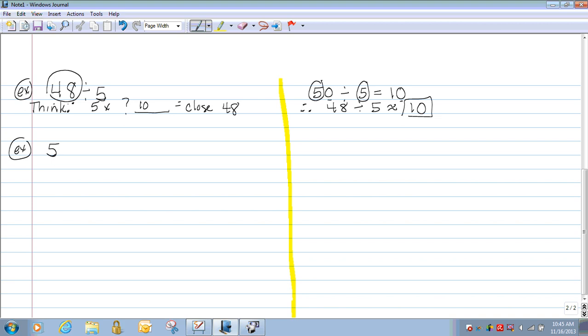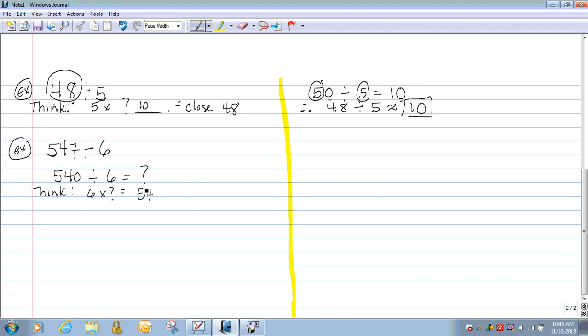Let's try another example. I have 547 divided by 6. Let's start by making this 7 into a 0. So we have to think: 6 times some number is 54.